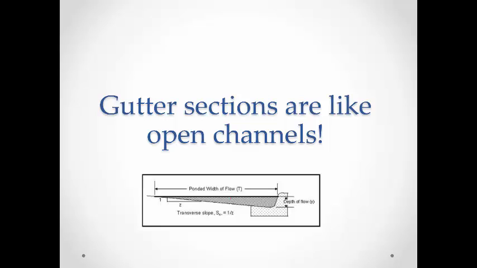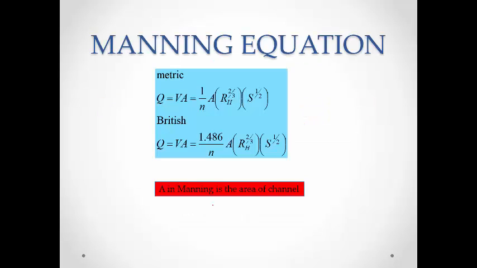A word of caution is that now you have two slopes because you have your street, right? The street itself has a slope, but also now you have a transverse slope, Sx, which is really important as well, so you have to take that into consideration.